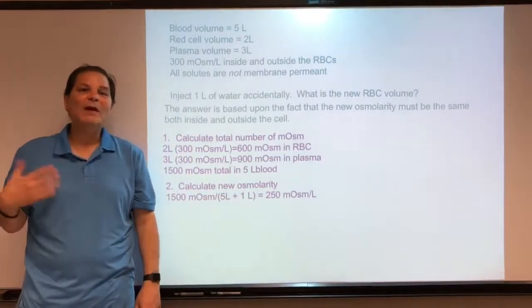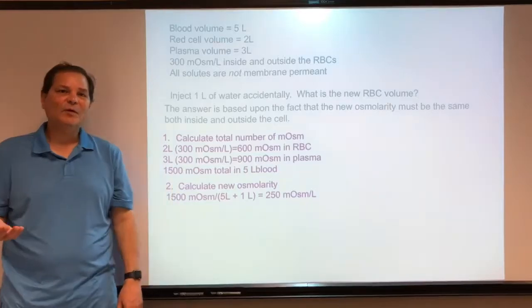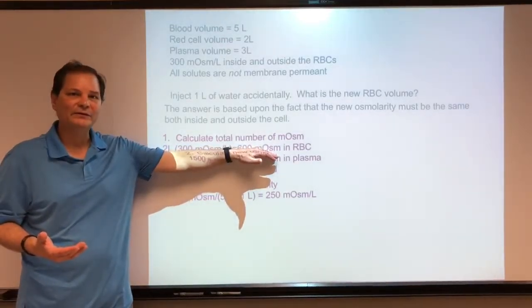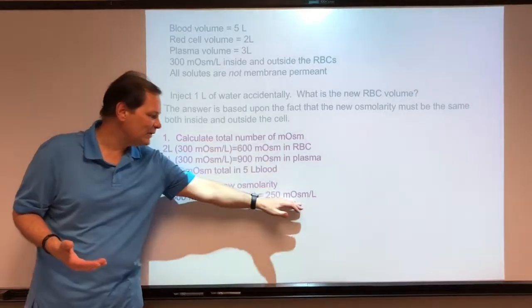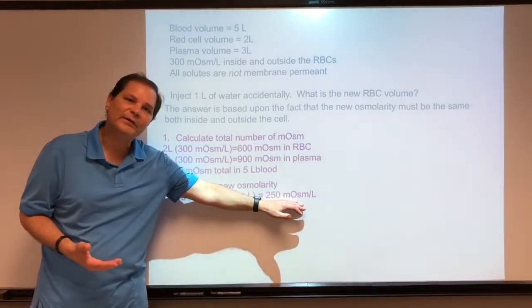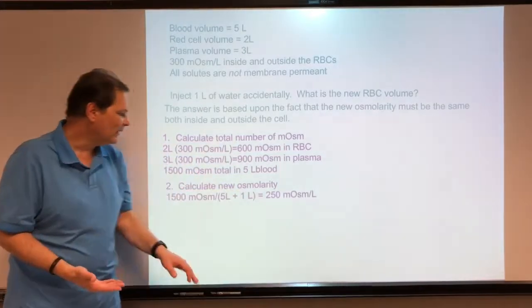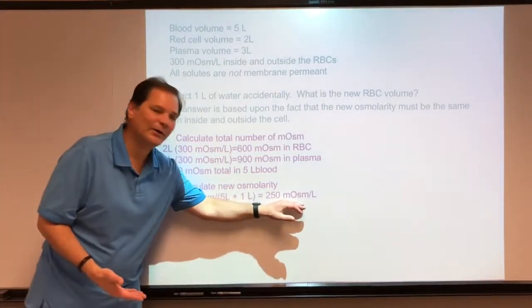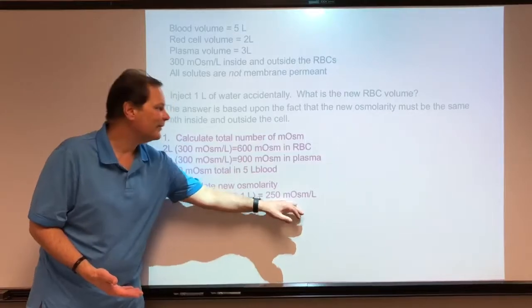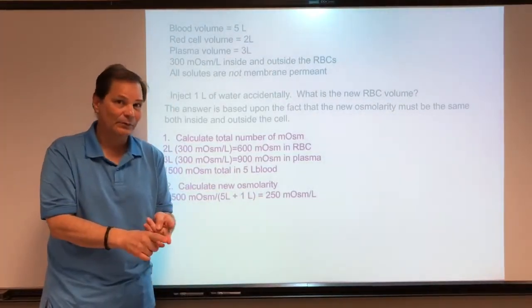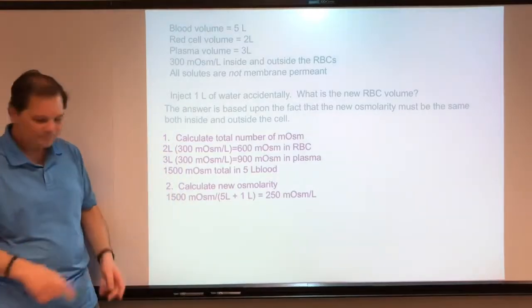So your new red blood cell volume is going to be such that you have 600 milliosmoles in the red blood cells, and you're going to have an osmolarity of 250 milliosmoles per liter. Because if this is the osmolarity of the blood, then that has to be the osmolarity of the plasma and the red blood cells both, at steady state.